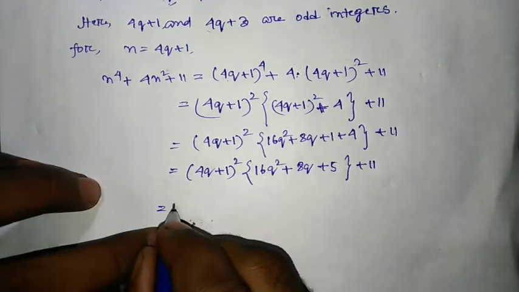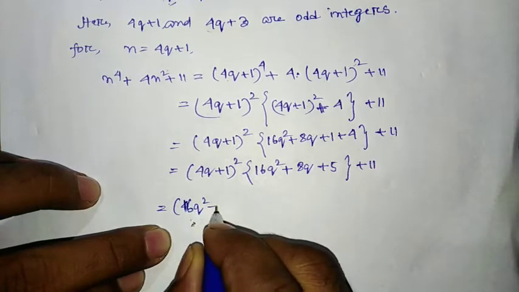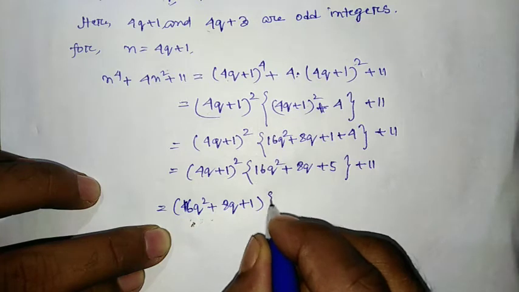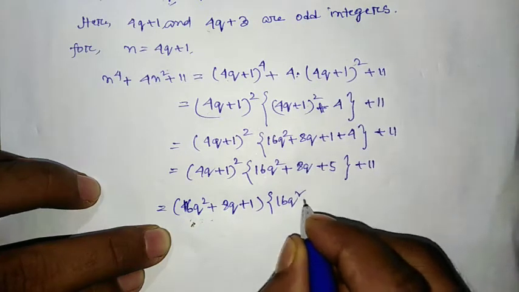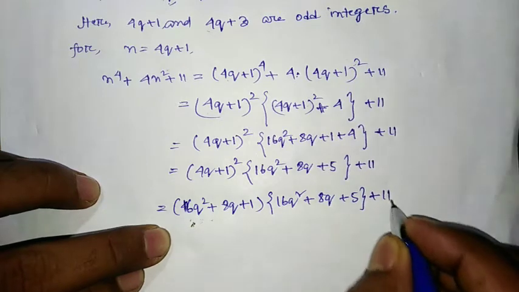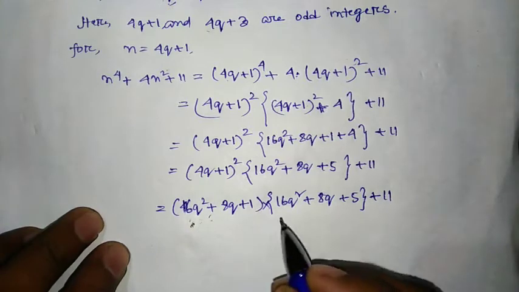So if we break it, for 16q^2 + 8q + 1, here it becomes 16q^2 + 8q + 5, plus 11. So now we have to multiply these two expressions.